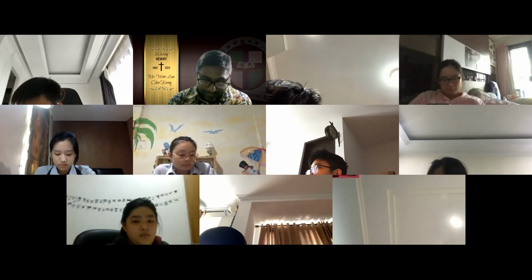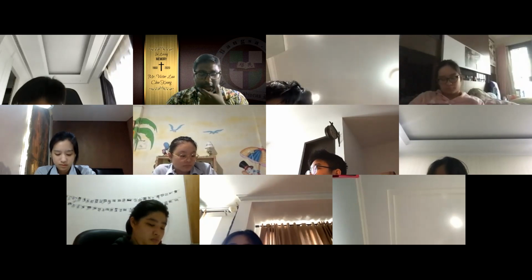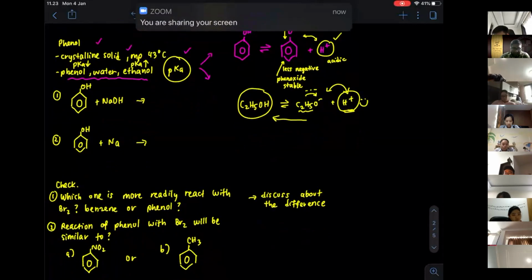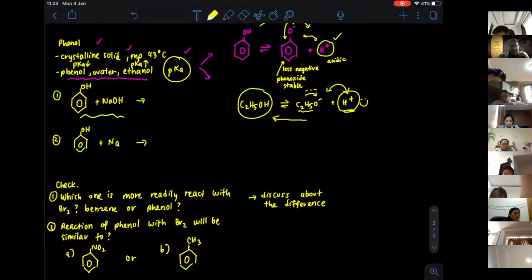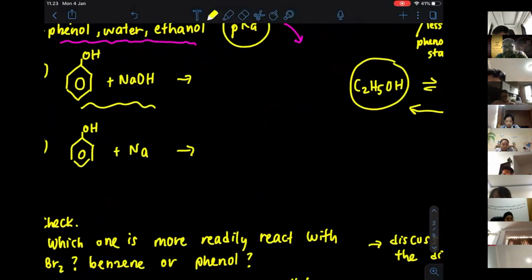Hold on. This part I think I can skip, because do remember phenol can react with sodium hydroxide to give you sodium phenoxide and water. No need for me to write the equation because it's the same as the textbook.